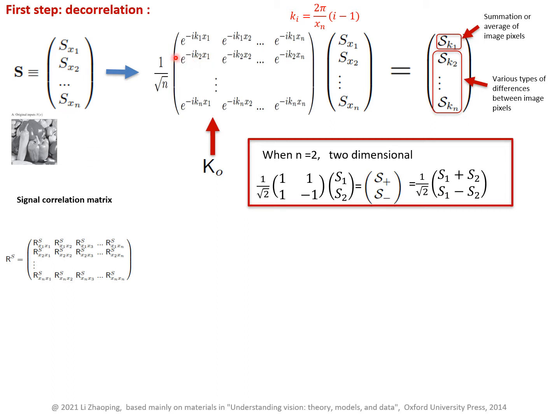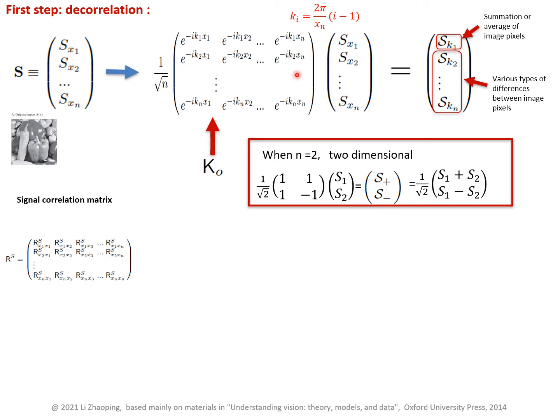Now this acting onto the image is taking the whole image weighted by a spatial wave, which is just a whole wavelength extending over the whole image. So this gives the Fourier component for the first wave that has non-zero frequency. And then the second component and the third component and so on.